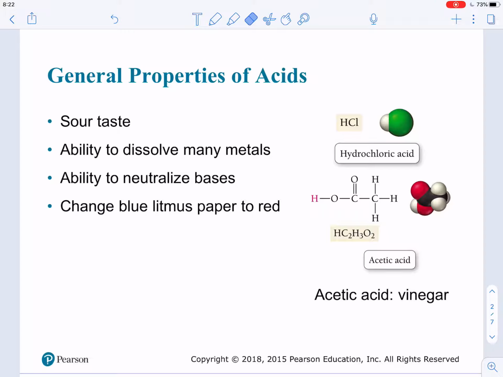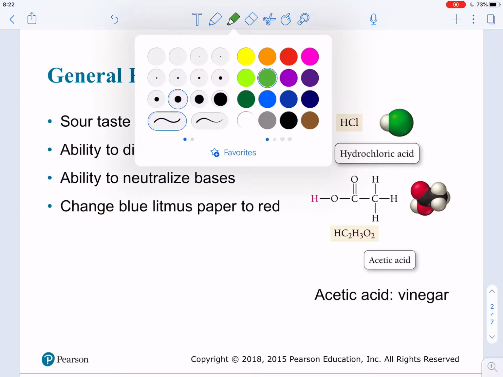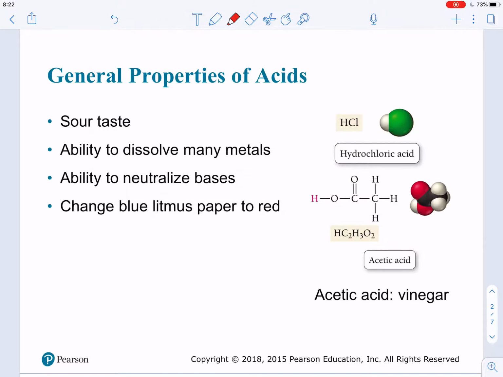A little less useful is that when you have these acids and you use the litmus paper, that's an old-fashioned name for pH paper, there is a reaction there that changes the color of that paper.